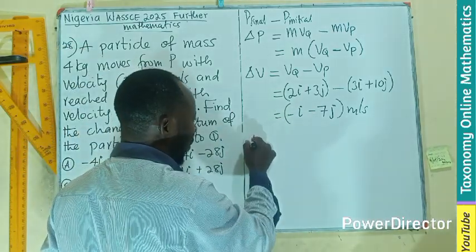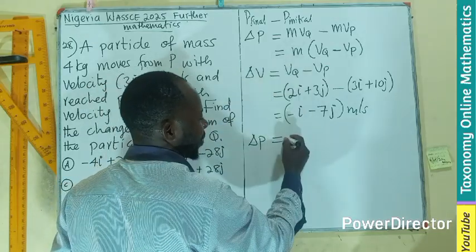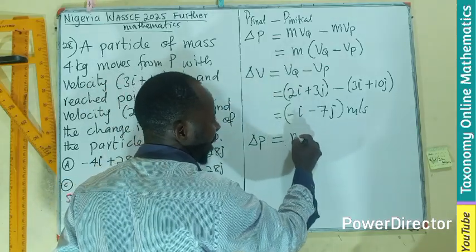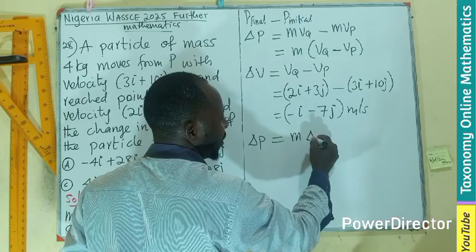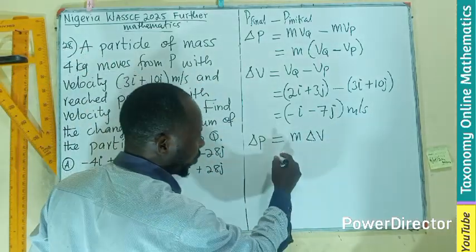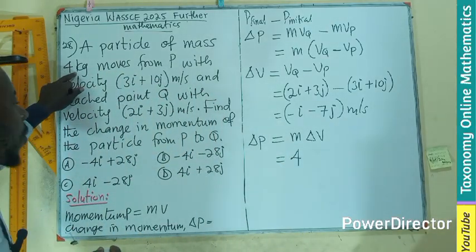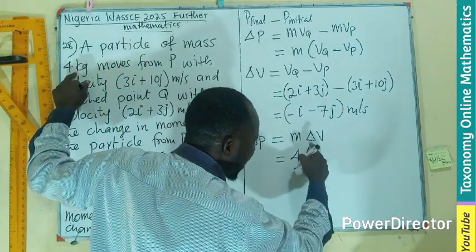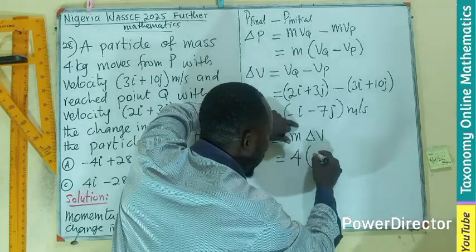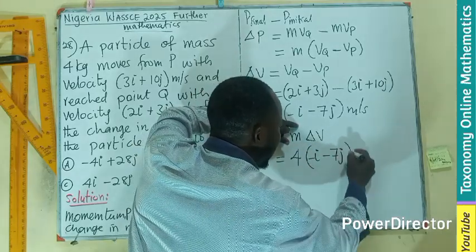Then to find the change in momentum, which is the mass times the change in velocity, the mass is 4 kilogram, multiplying the change in velocity, negative i minus 7j.